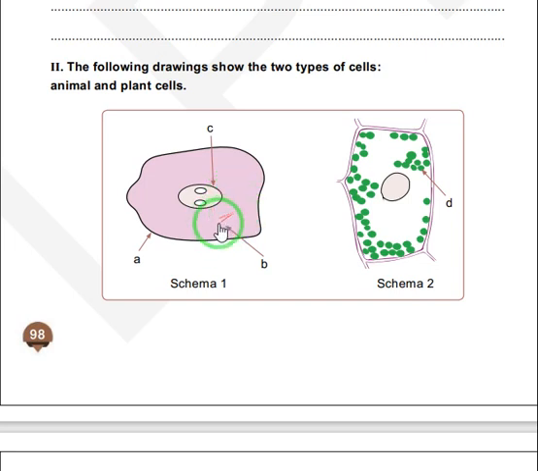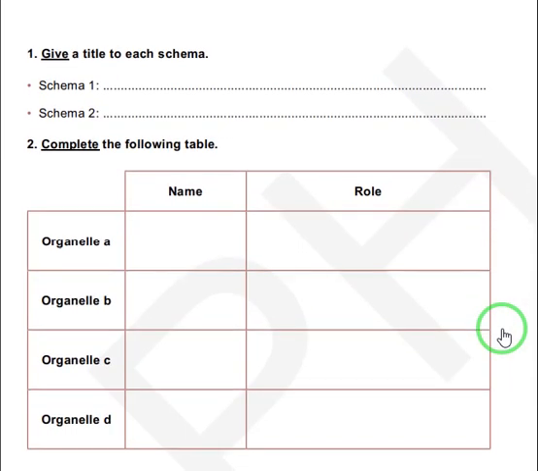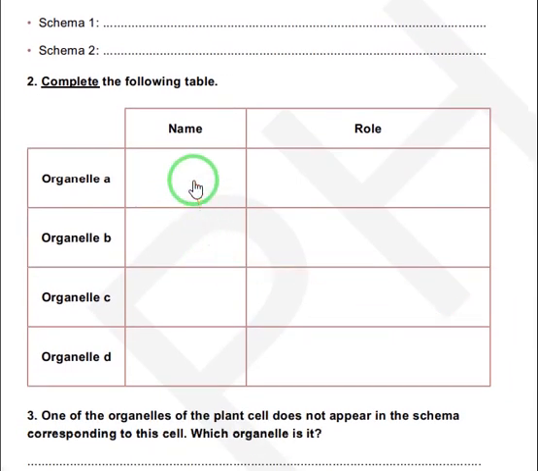The liquid inside the cell is the cytoplasm, while this part is the nucleus. Part D is the chloroplast that contains chlorophyll. So, in number 2, you have to name each organelle and find the role of each one as I did.